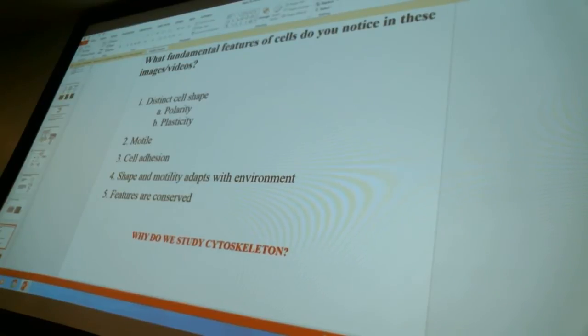There's a lot of motility. Certain cells can crawl, certain cells can move and swim. Of course, some of the cells, particularly cells that are embedded like layers of cells, cannot move much, but they will be reacting on the surface with the extracellular environment. If we look at the crawling cells, there's a lot of cell adhesion going on.